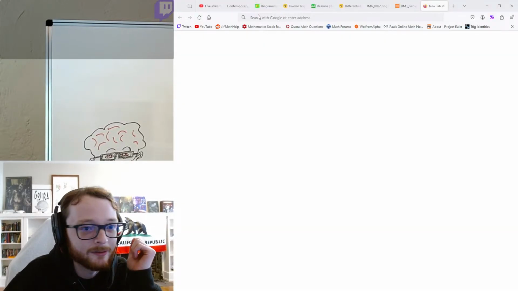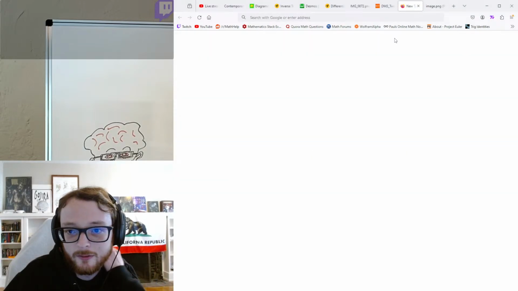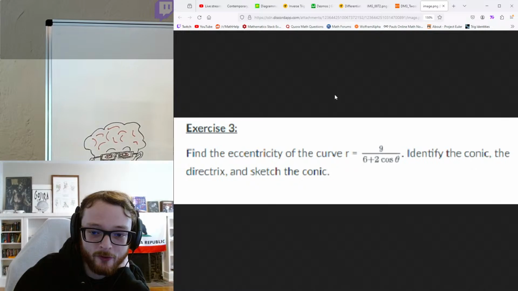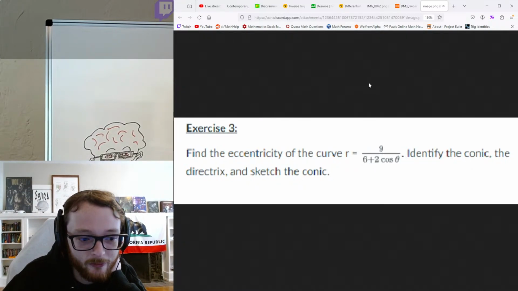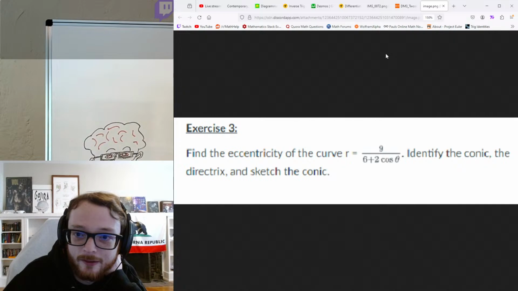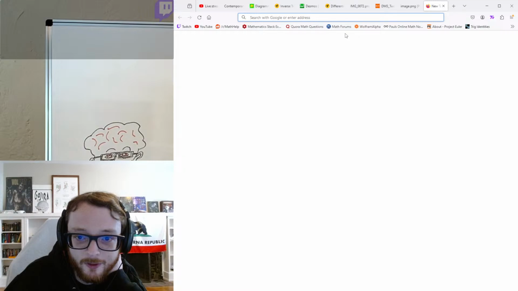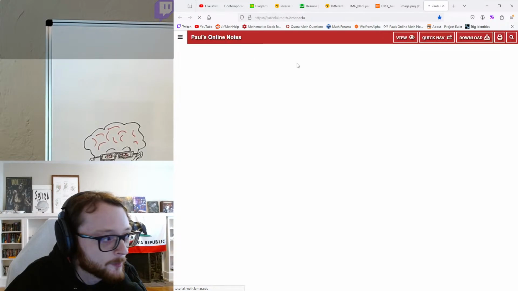Okay, so we want the eccentricity of this polar curve, identify the conic, the directrix, and sketch the conic. I thought directrix was a parabola thing. These are all those weird polar coordinate terms that I just don't know. I think Paul goes over these, though. Come on, Paul, don't fail me now.